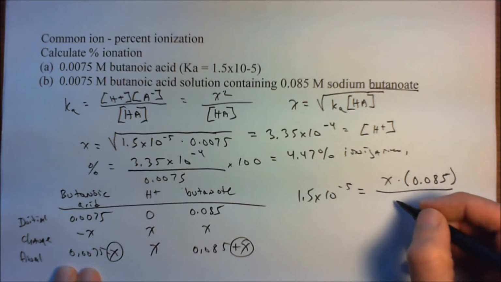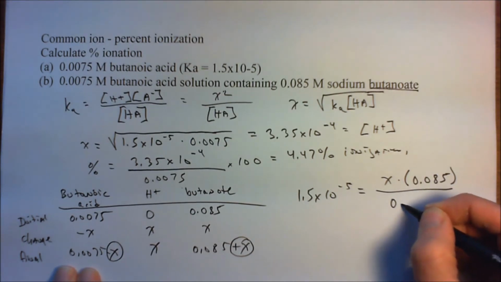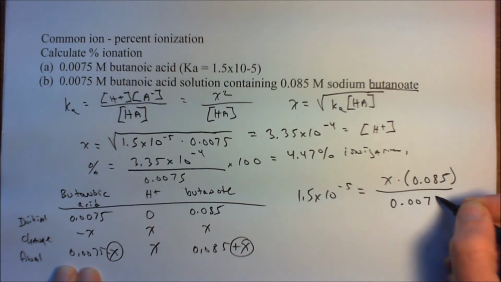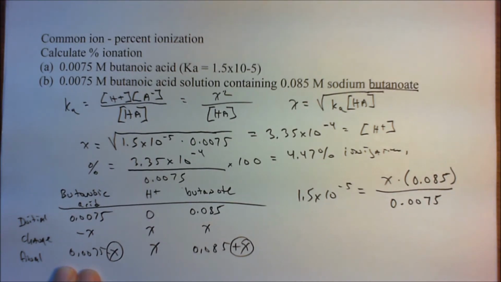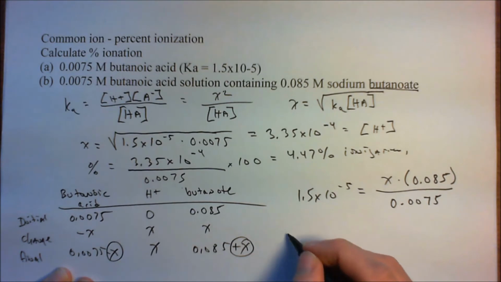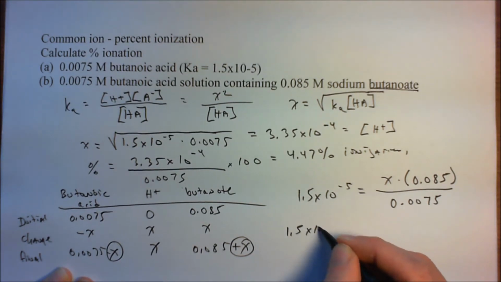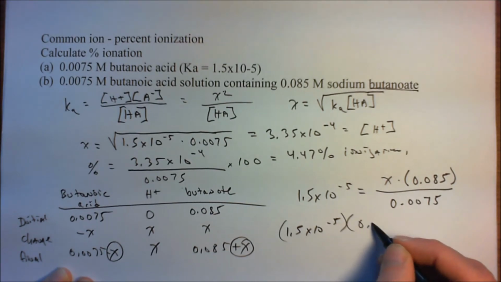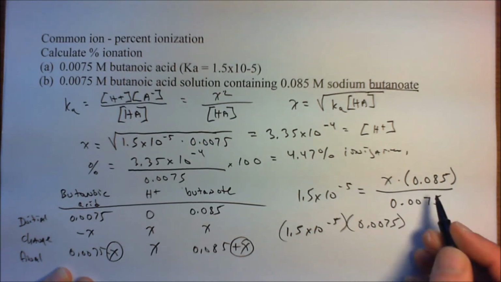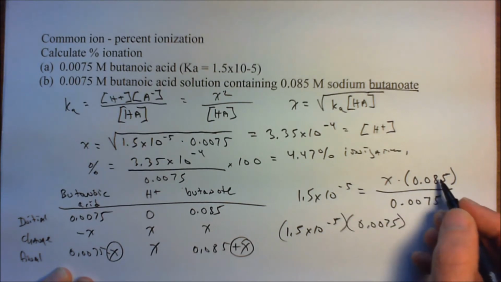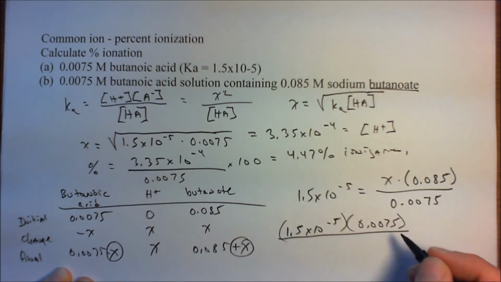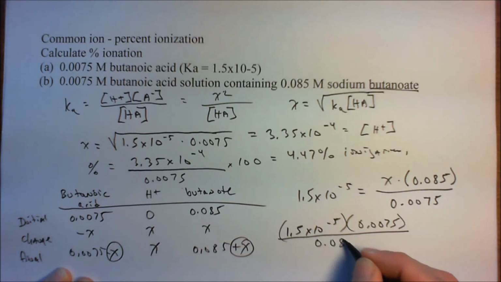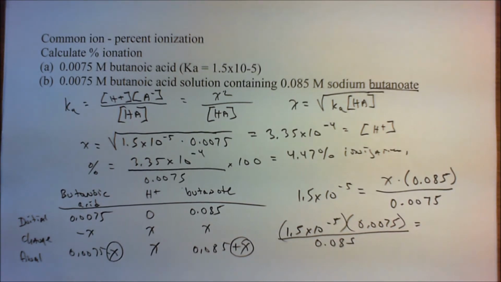We're just writing out the Ka form, and we go ahead and solve for x. We bring this term around from the bottom up, and then we bring this term down below, and we put that in our calculator.